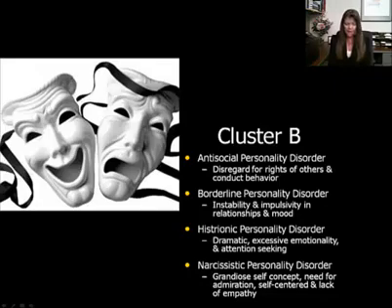Okay. People with this disorder tend to be manipulative and exploitative. So they tend to exploit others without any remorse. Okay? They can be very deceitful. They can be charming, but they can also be very deceitful. They tend to be irritable.